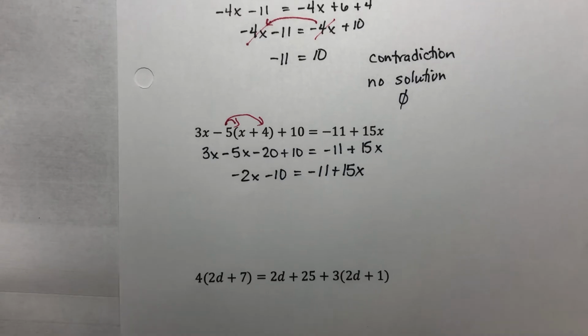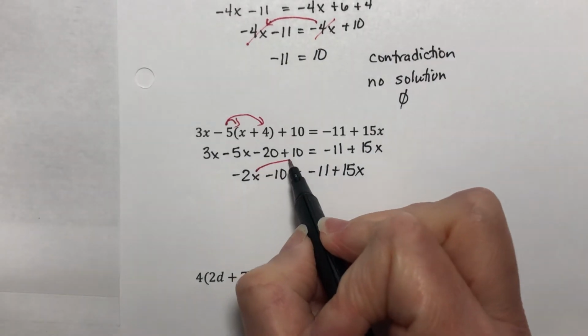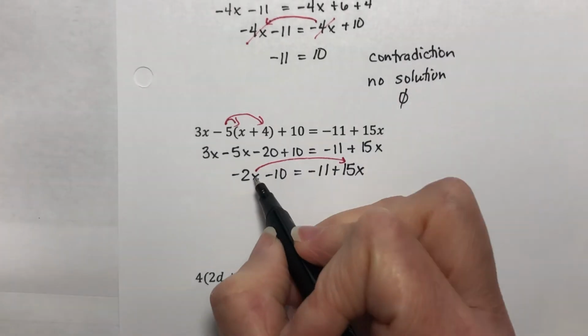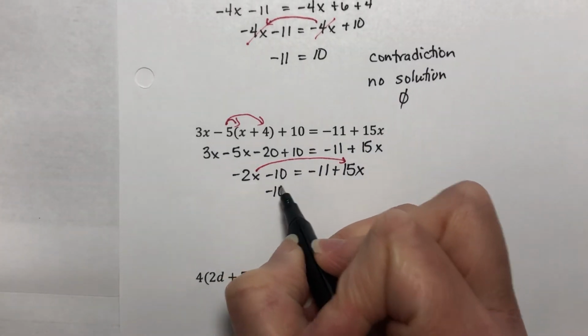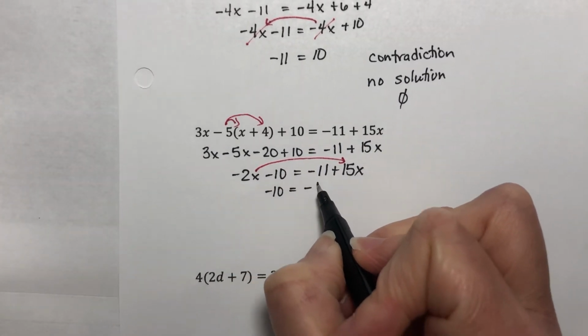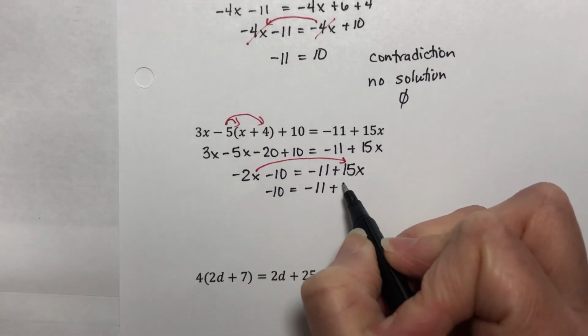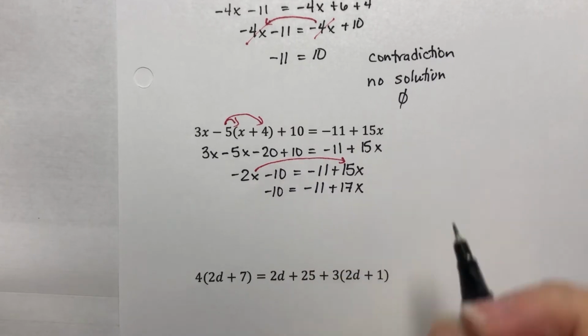Now let's get our x's together. Let's say I am going to add 2x to both sides. That cancels. I have negative 10 is equal to negative 11 plus 17x.